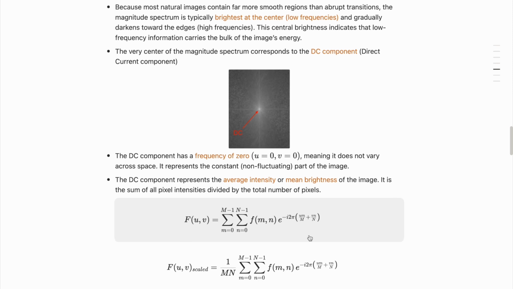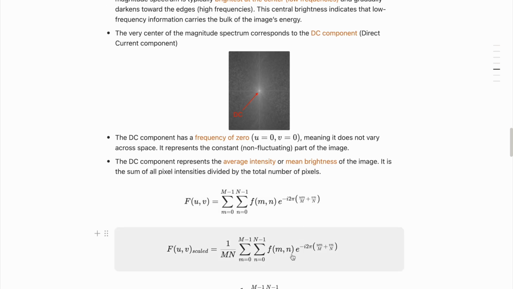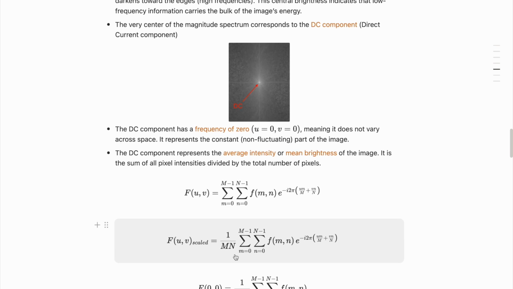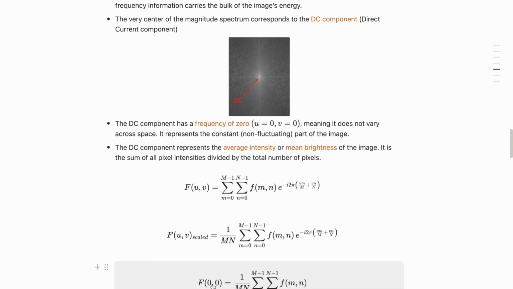This is the formula. In many contexts, we scale or normalize the formula by dividing this double summation by the number of pixels. Now, look what happens if you look at the Fourier index at u equals 0, v equals 0.